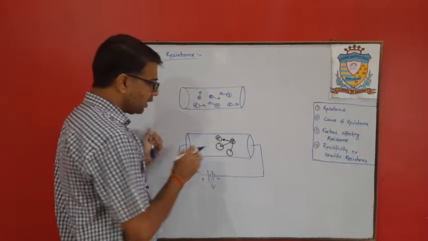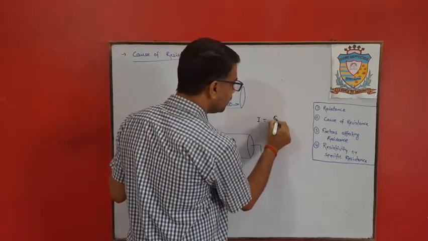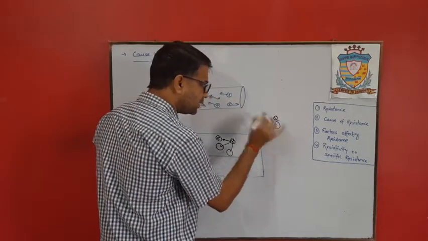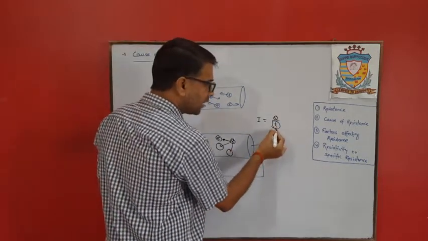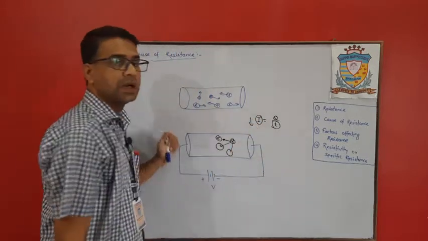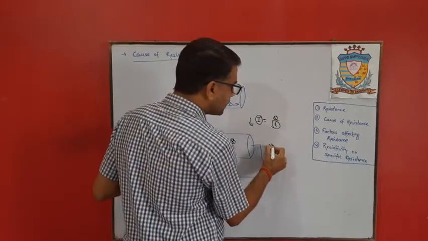If it takes more time, we know that I is equal to Q upon T. If the value of T increases, then current will decrease. And with another formula, we will understand it.